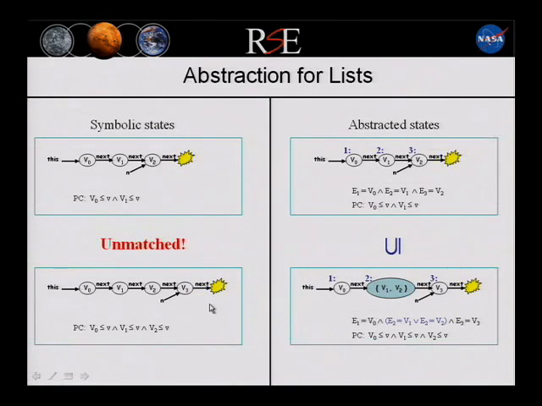But with shape abstractions, we can say, okay, we don't care how many nodes are between this and the one pointed to by n. So we put them together here, and suddenly our subsumption checking algorithm will match them. So at this point, the model checker will be instructed to backtrack, not to consider successors of this state.